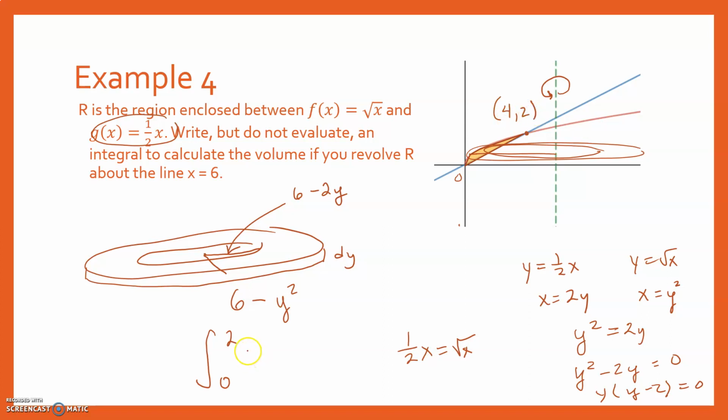And we are doing pi times the big radius squared minus the little radius squared. I'm going to get myself some space here. And then times the thickness.